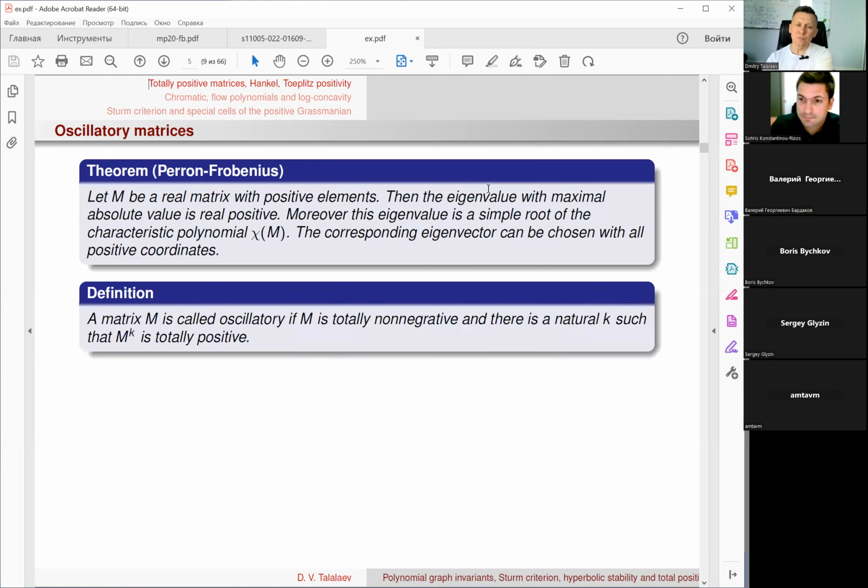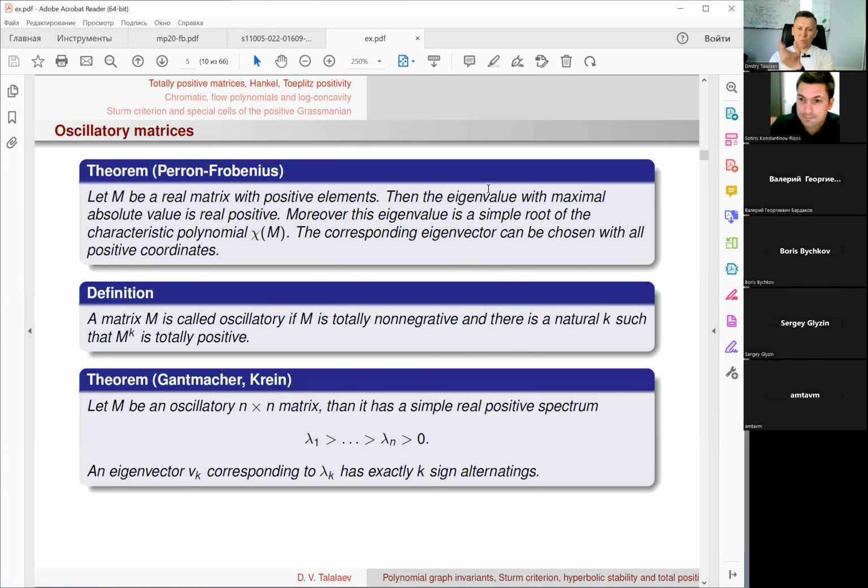Definition due to the very famous book of Gantmacher and Krein: a definition of the oscillatory matrix. A matrix M is called oscillatory if M is totally non-negative and there is some natural number k such that M power k is totally positive.